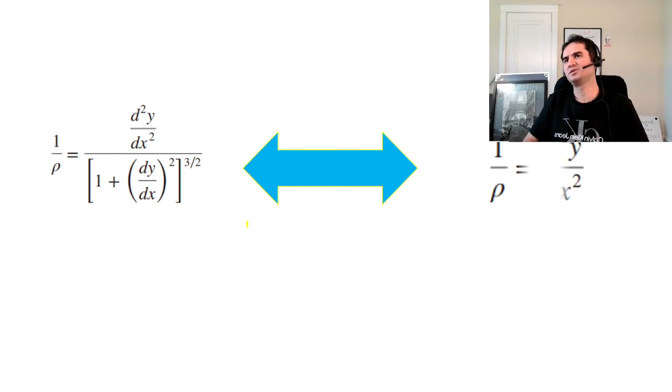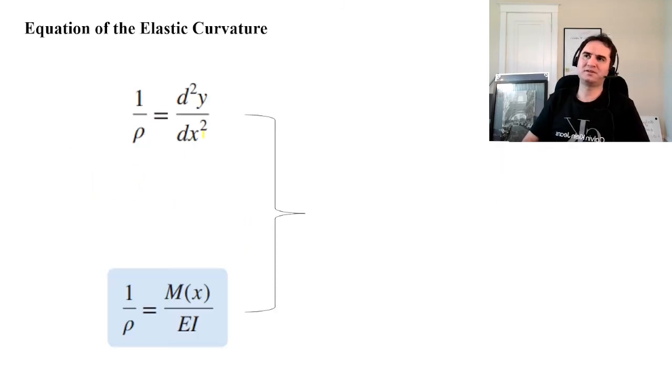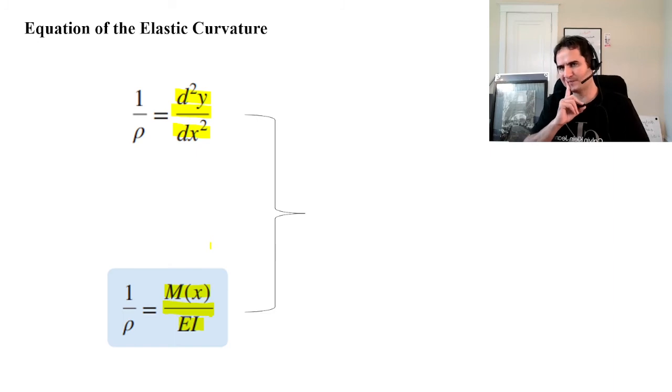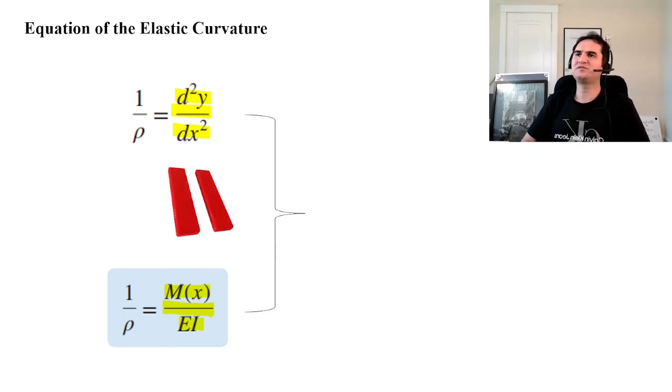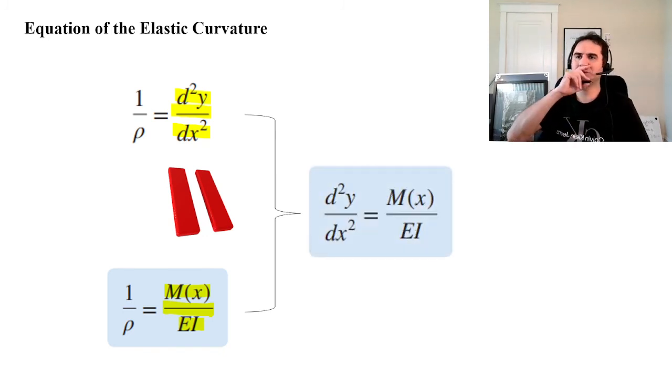So by our calculation, 1 over rho is equal to d squared y over dx squared, and at the same time 1 over rho is equal to M(x) over EI. So one can say, wow, d squared y over dx squared is equal to M over EI, and that's a pretty interesting result.